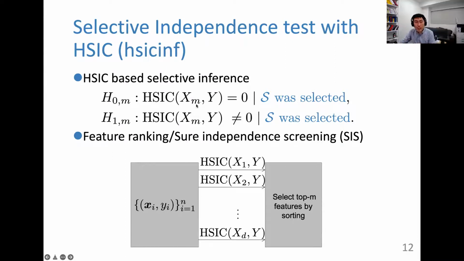Yes, that's also possible, but in this talk I use the polyhedral lemma approach, so we cannot handle that case. If we want to select features and test them all together, I think we can use the splitting method. But for the polyhedral lemma approach, it's difficult to construct the hypothesis test.